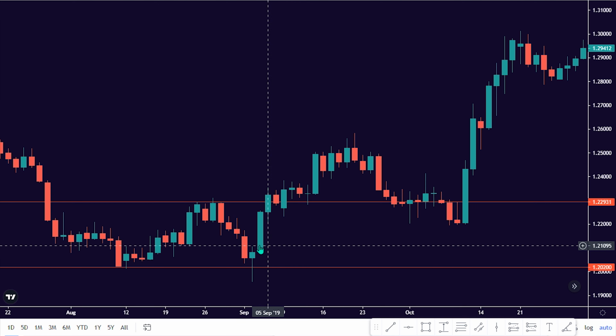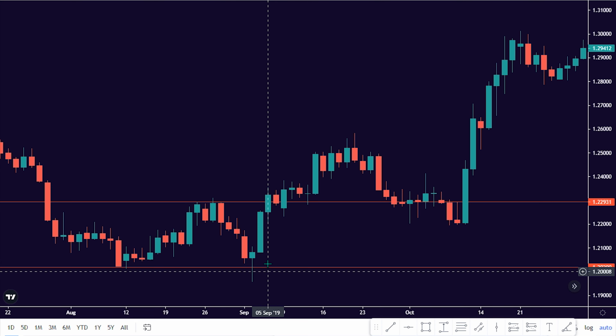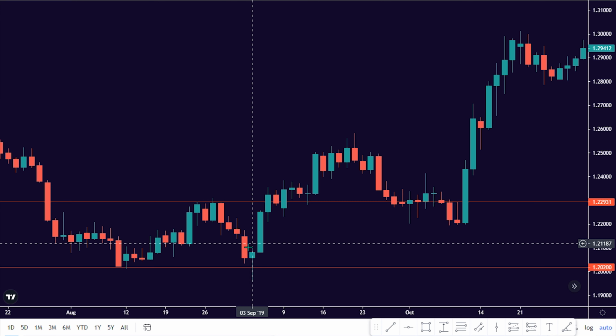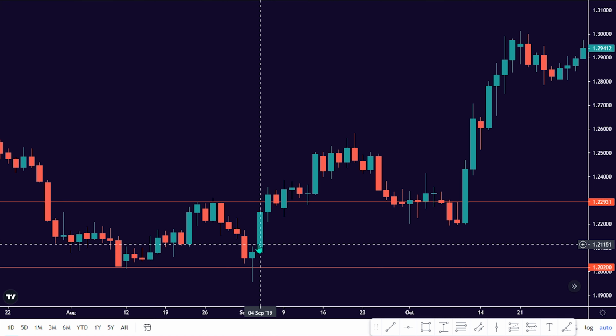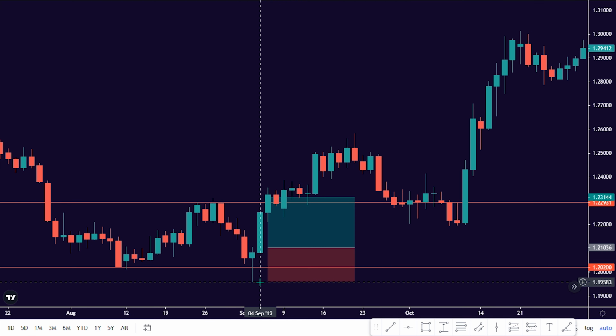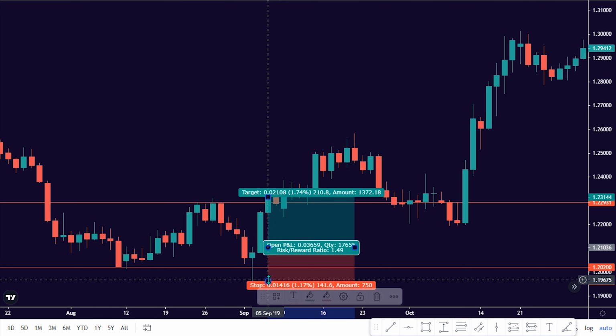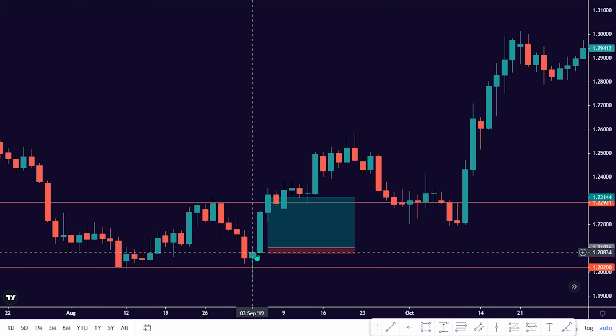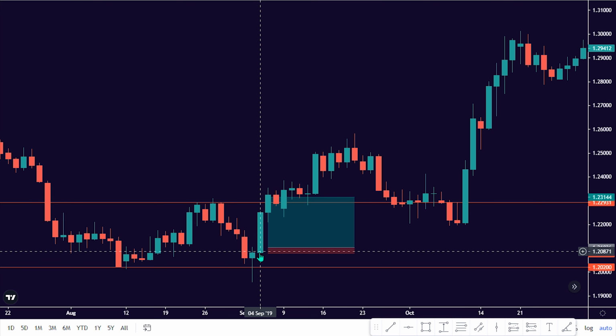Let's see how short-term patterns can help us to manage our trades in this market. For traders who make an entry based on the bullish pin bar short-term pattern here, they have to move their stop loss from the tail of the pin bar here to the low of the strong bullish Marubozu candlestick here.